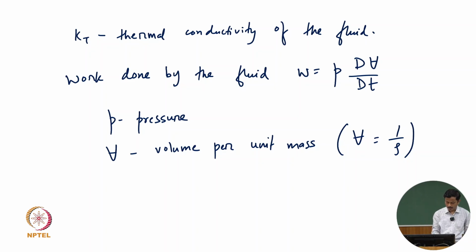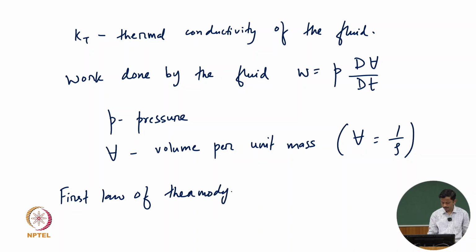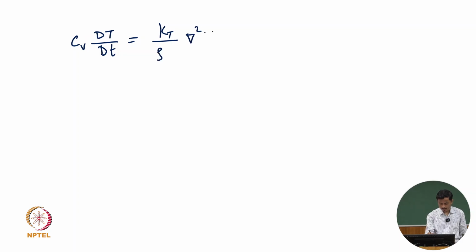Hence, the first law of thermodynamics, writing it on the next slide, is Cv times the total derivative of temperature equal to kT by rho del square T minus P dV dt.